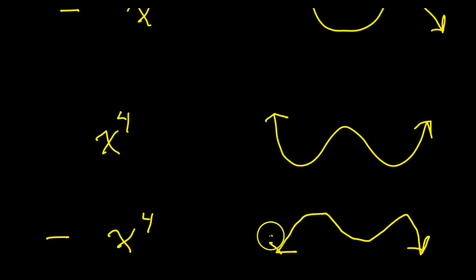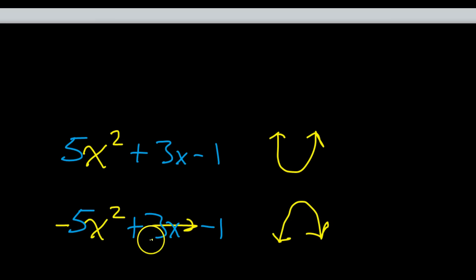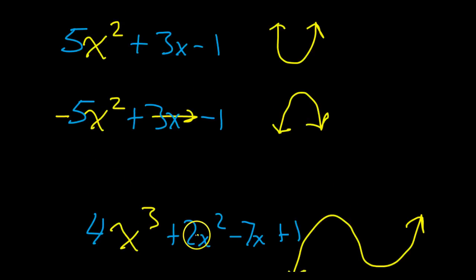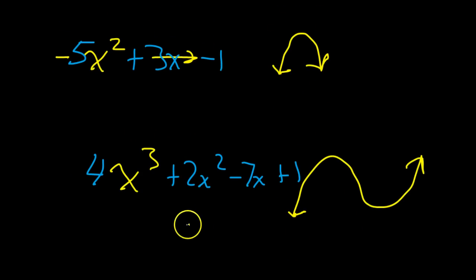Okay, so this is what I know. Now, rather than going one by one, let's talk about all of the even degrees, like 4s and 2s, and let's talk about all of the odd degrees, like 3s and 5s.